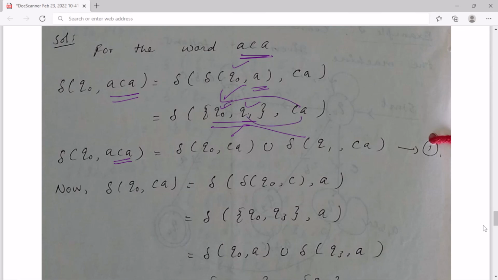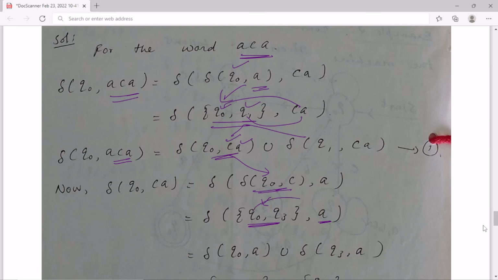So what I am going to do, delta of Q0 comma C and A. You have to split this. First you read C and then A. If you read C in Q0, you have 2 different states, that is Q0 and Q3. So you just keep A as it is.